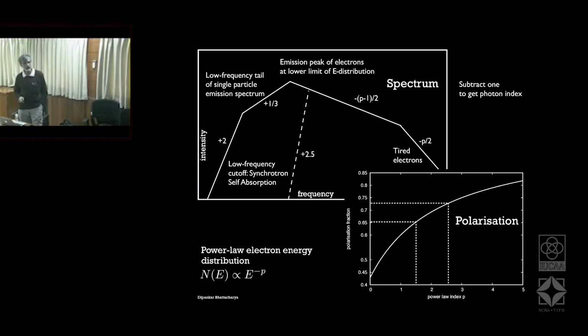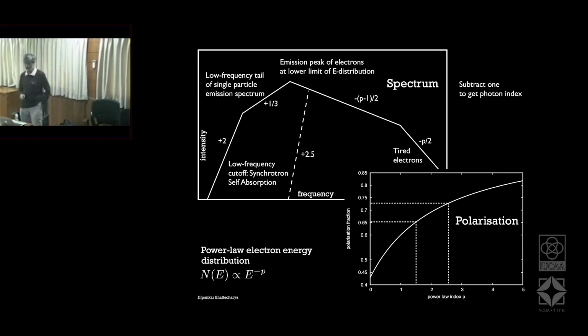As you saw, for individual particles, you could get up to 80%, but when you average, it will of course come down. If the power law index is large, you get a larger amount of polarization. If the power law index is small, you get a smaller amount of polarization.